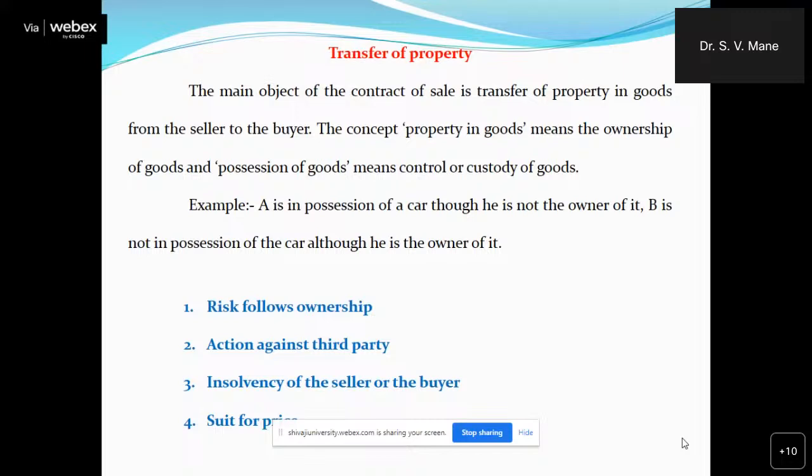The second one is action against a third party. When the goods are destroyed by the action of a third party, the owner of the goods can take action against them. Then, insolvency of the seller or the buyer.